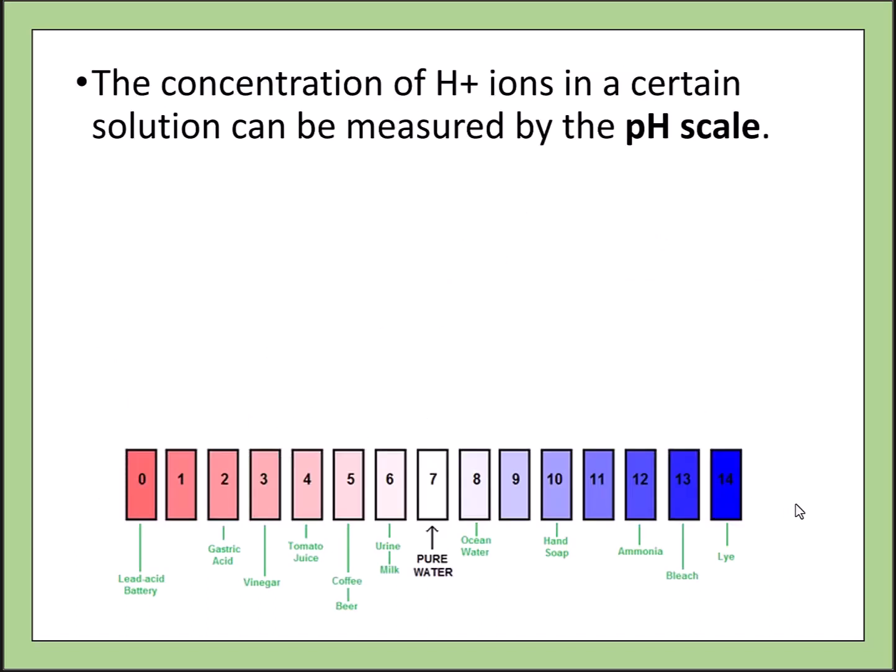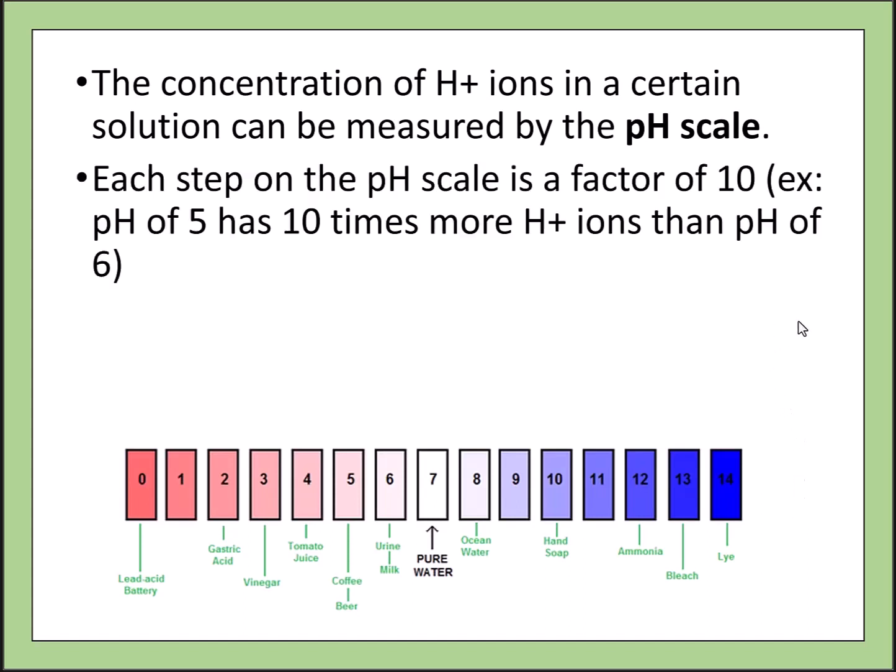And we measure that concentration of hydrogen ions on a pH scale. Each step in the pH scale is a factor of 10. For example, a pH of 5 has 10 times more hydrogen ions than a pH of 6. So this direction in our pH scale is going to be getting stronger and stronger in the concentration of hydrogen ions and therefore stronger acids.